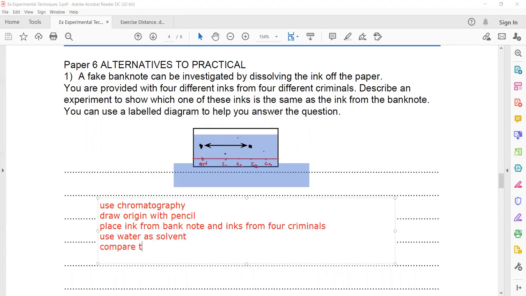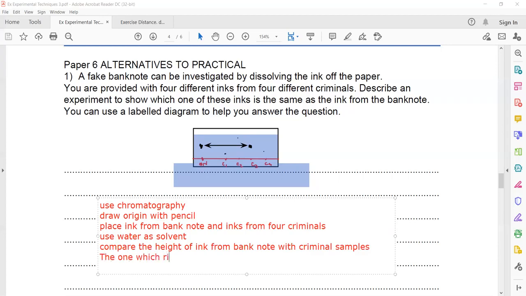Then we will compare the height of the ink from the banknote with the criminal samples. The one which rises to the same height belongs to the criminal. So we can check the height and position, compare, and identify which one belongs to that criminal. Is it clear?